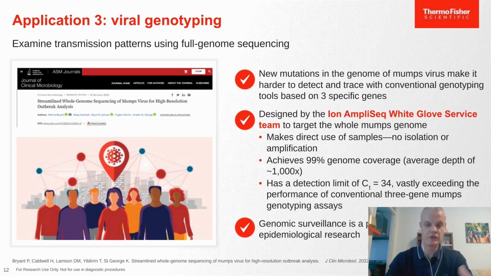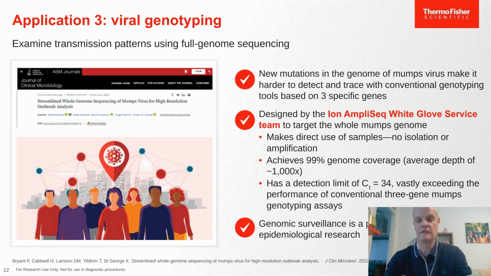In this case, they are mentioning CT34 in qPCR, and without the need to isolate or pre-amplify your sample. So you just take the specimen as it comes and apply the panel preparation method directly to it. This was specifically done against the human genome and the human transcriptome.